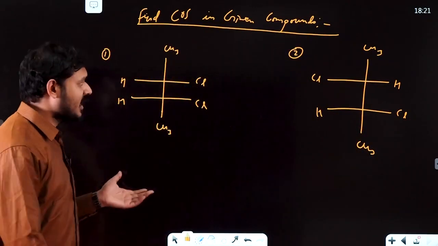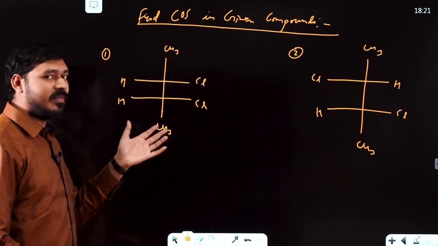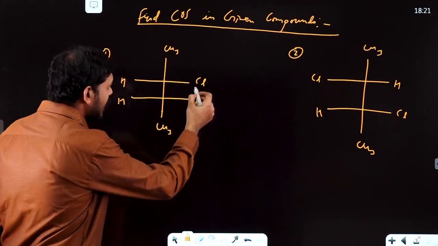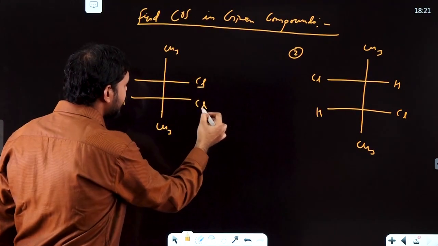If you see, both the compounds have a different arrangement in space, remaining everything is the same. In this example, the Cl are in front of each other, you can say.